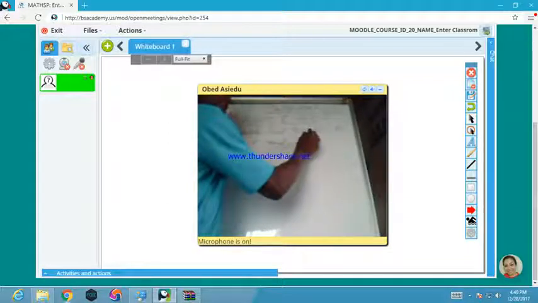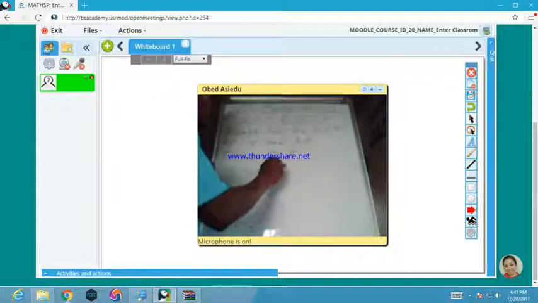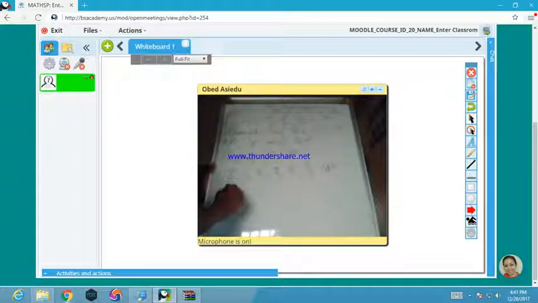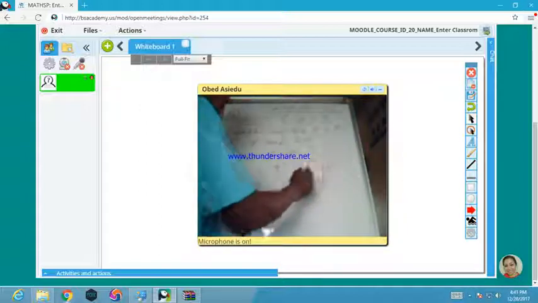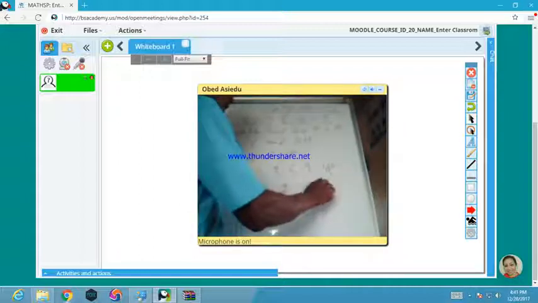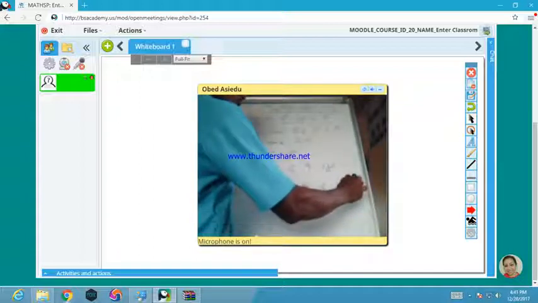Factors of 18, let's bring them out. Factors of 18 are 1, 2, 3, 6, 9, 18. Factors of 24 are 1, 2, 3, 4, 6, 12, and 24.